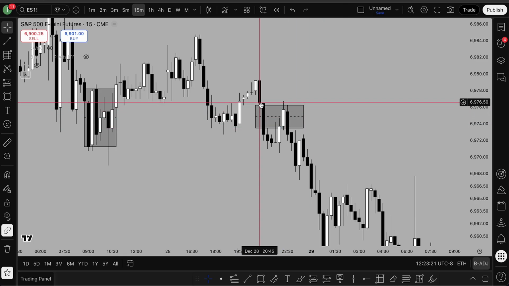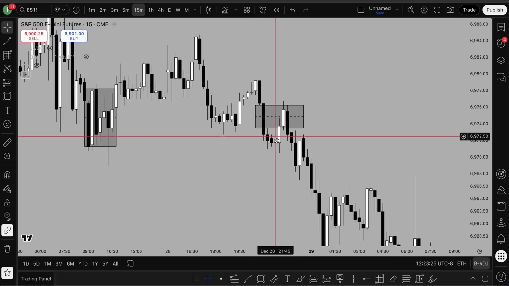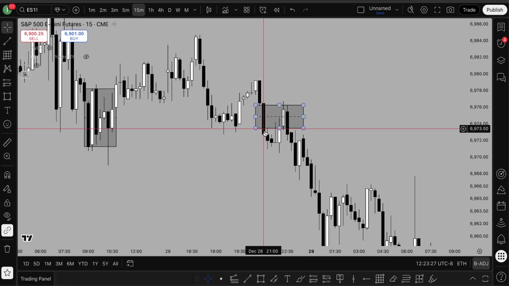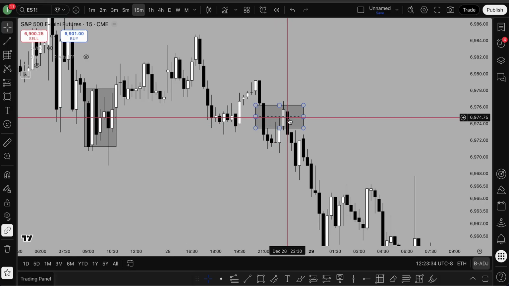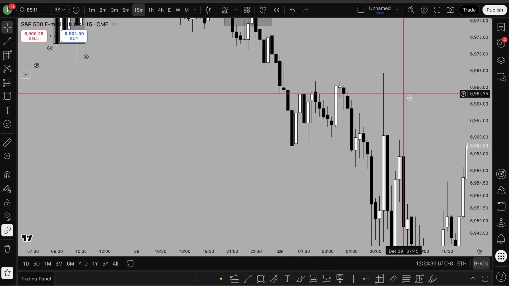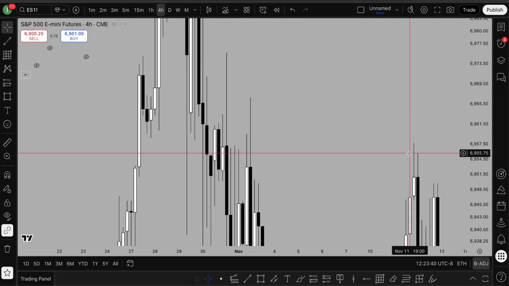So mark it out from the bottom of the first and then the top of the third wick. And price slows down as we had already made it. And then when we go back into the range, we start to slow down and then we head lower. Okay, so that is an example of fair value gap and an order block.